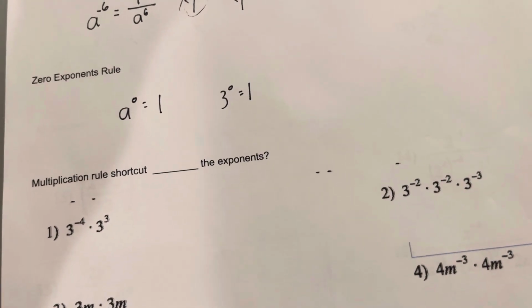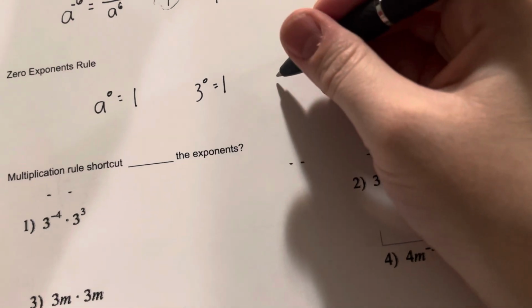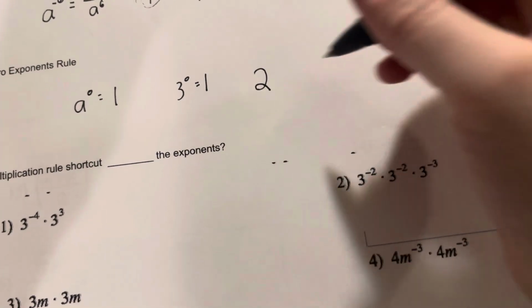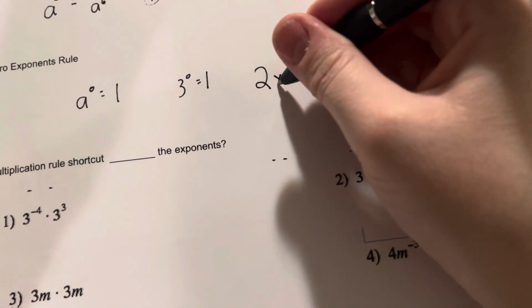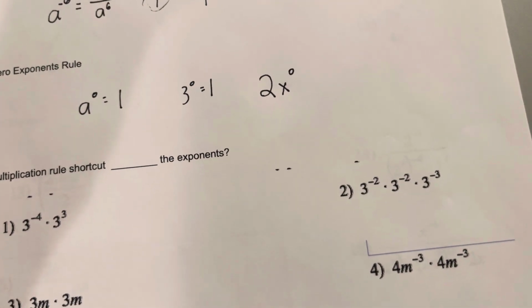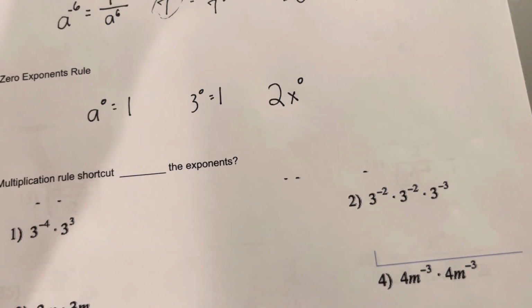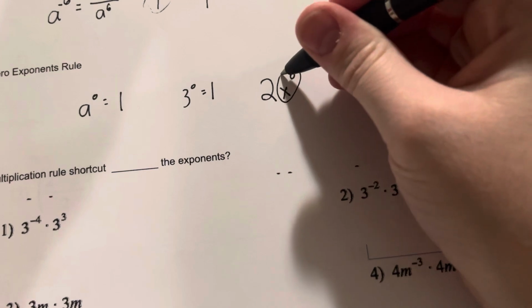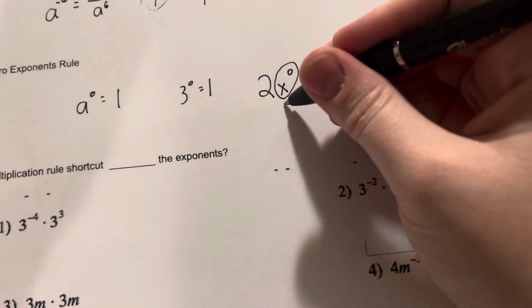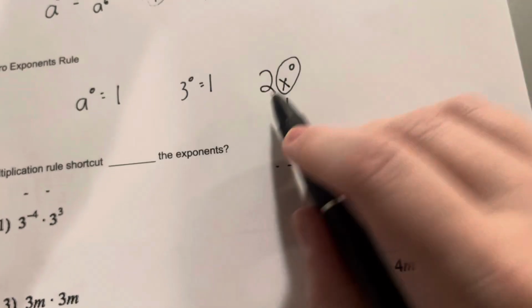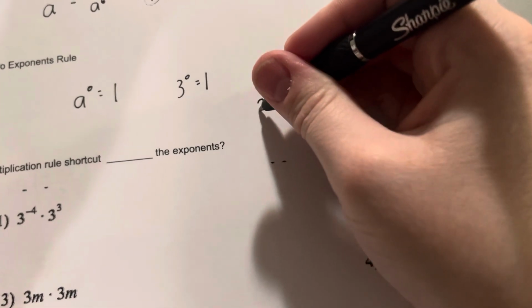But what happens if I have a coefficient like 2, and then I had x to the 0 power? What do we do then? Well, let's break it apart. We know that this part right here is equal to 1, and this part right here is equal to 2.